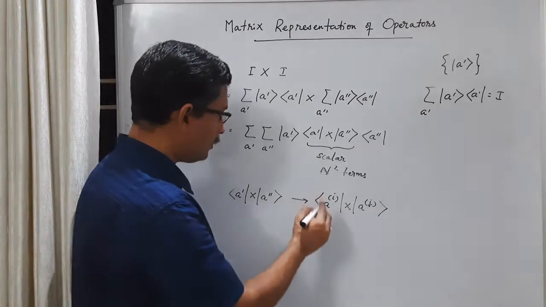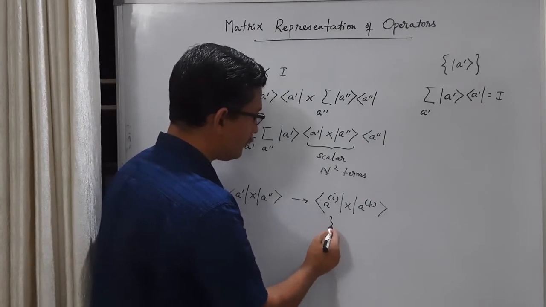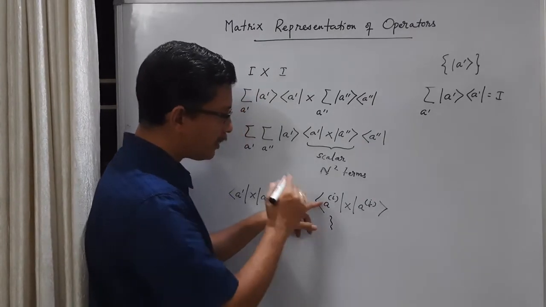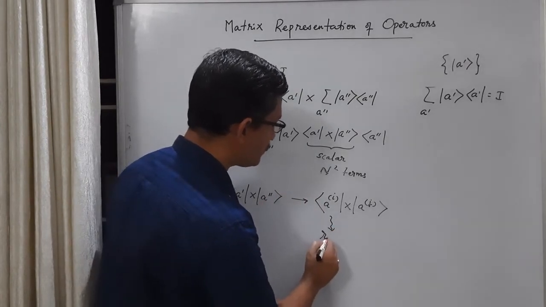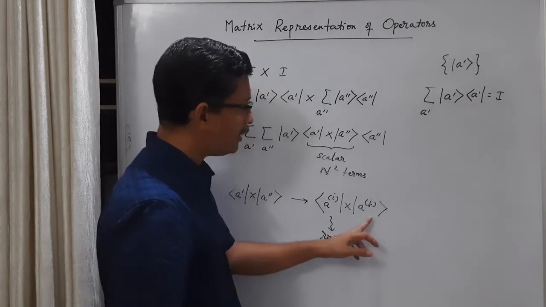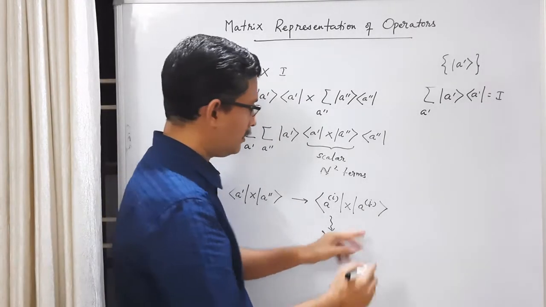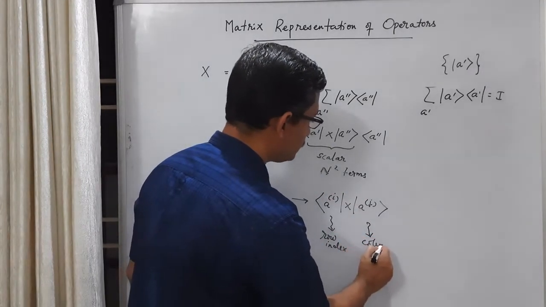Now here, the base vector appearing on the bra vector side, its index i represents the row index. For the base vector appearing on the ket vector side, its index j represents the column index.